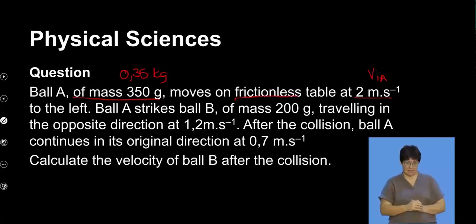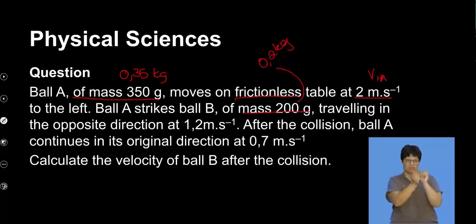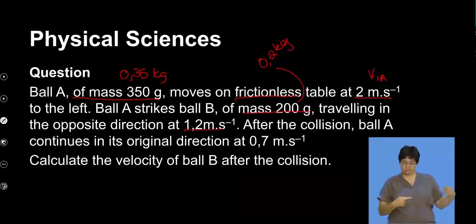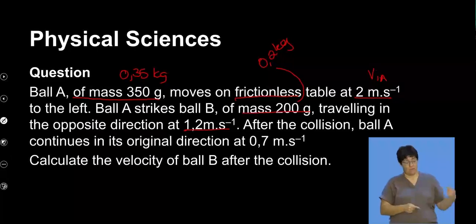Ball A strikes ball B. So now we've got a second object, and that one has a mass of 200, so we know that that's 0.2 kilograms. And it's traveling in the opposite direction with 1.2. So in other words, B is moving to the right. Okay, and that's the initial.